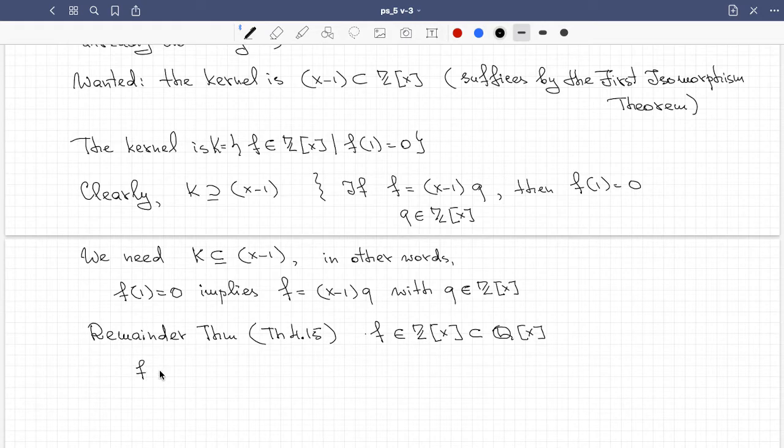It tells us that f is equal to x minus 1 times q plus f of 1, and f of 1 is 0. That is what the remainder theorem tells us, that we can divide polynomial f, whatever it is, by x minus 1, and the remainder is going to be the value at 1.